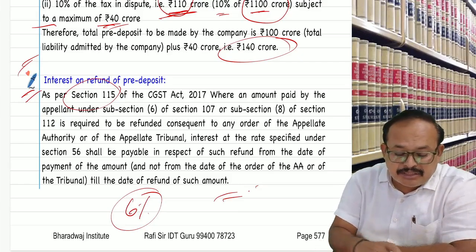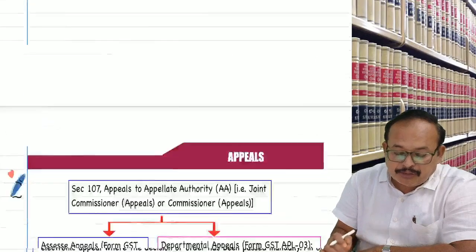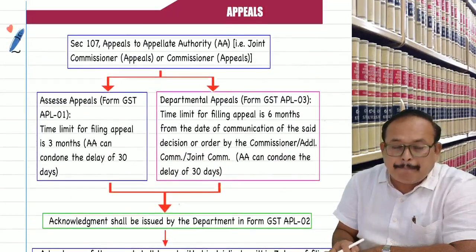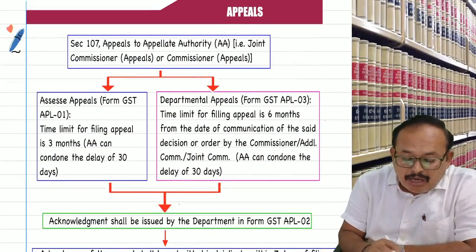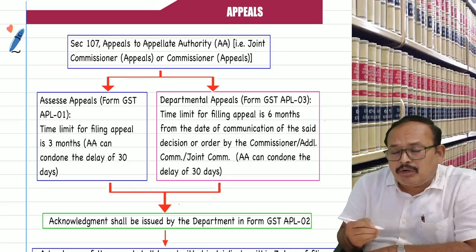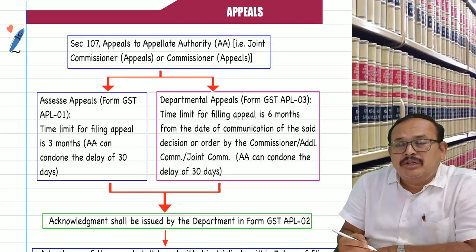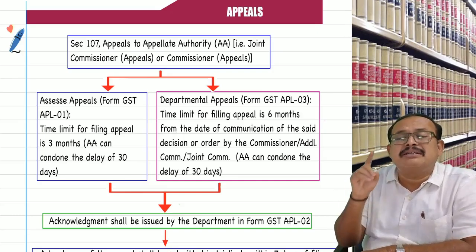In this process, I am bringing to your notice the following. For appeal to the appellate authority, where joint commissioner appeals or the commissioner appeals, if you want to go for appeal, there won't be any restrictions, you can go for appeal in general, but the time limit should be followed.